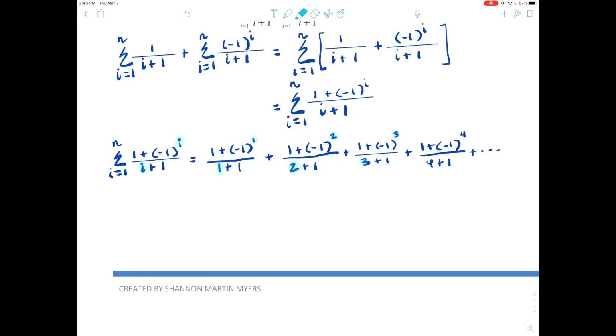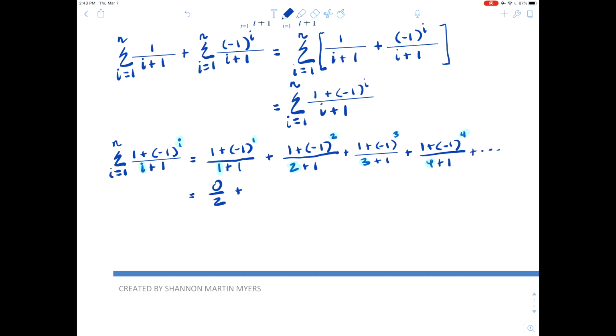Let's check it out. When I had an odd value I was plugging into the index, I ended up getting 0 over 2. And then when I plugged in an even number, what did I get?